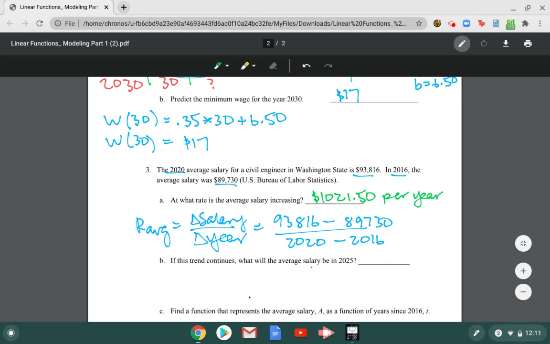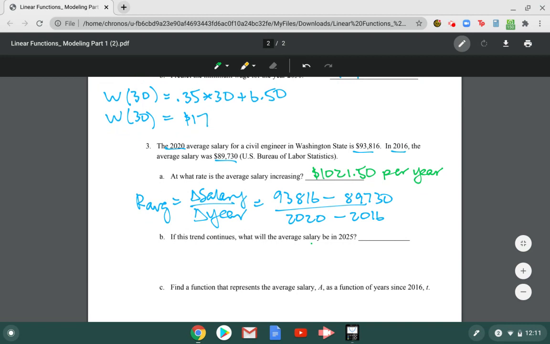If this trend continues, what will the average salary be in 2025? We didn't do any kind of an adjustment. We did put the year in when we did that calculation. So let's do 2020.